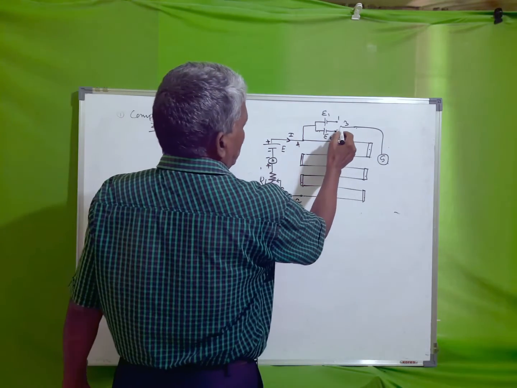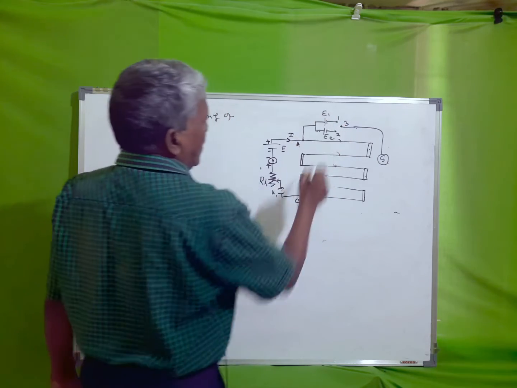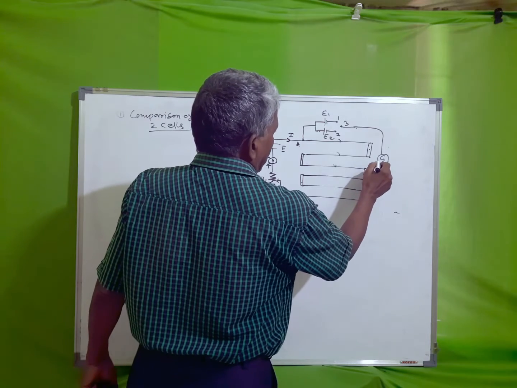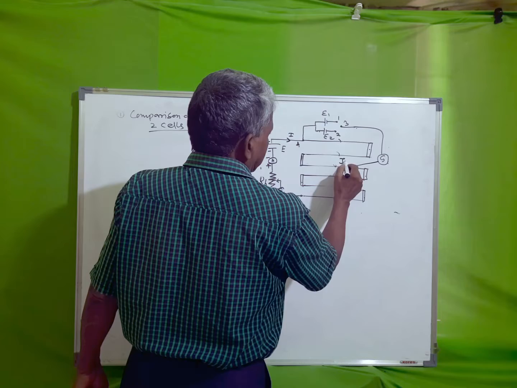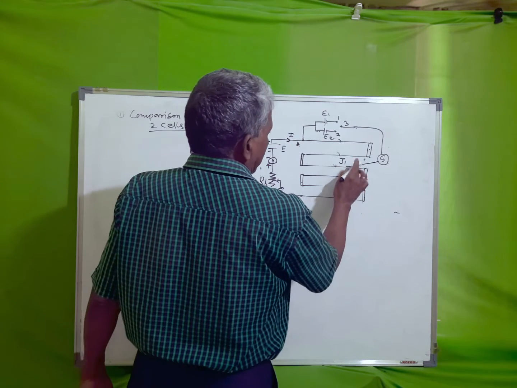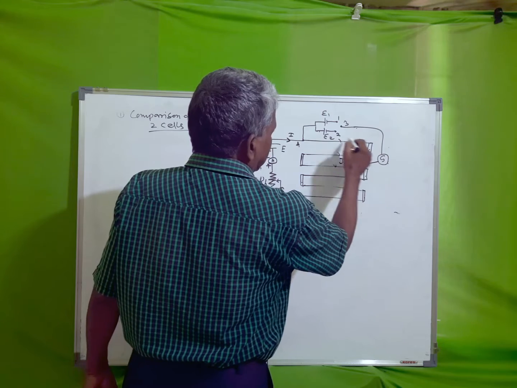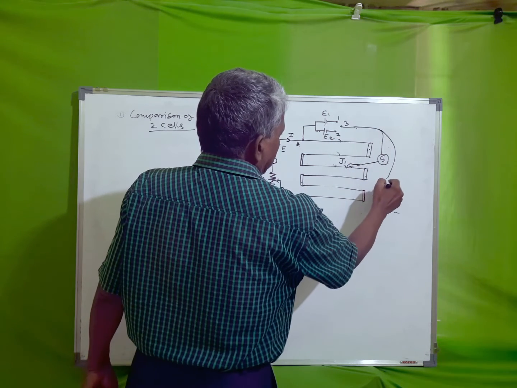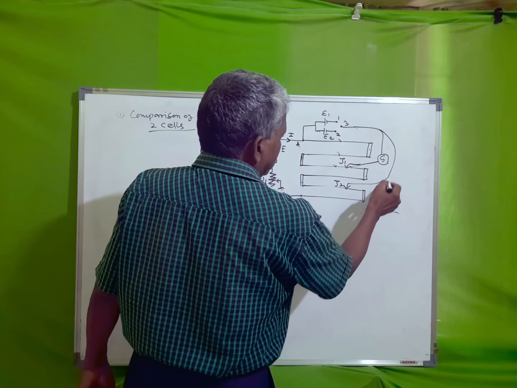When connected to cell E1, suppose there is a null point at J1, and when connected to the other cell, at J2.